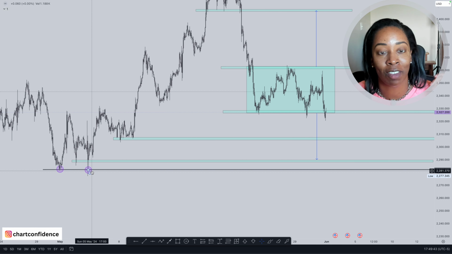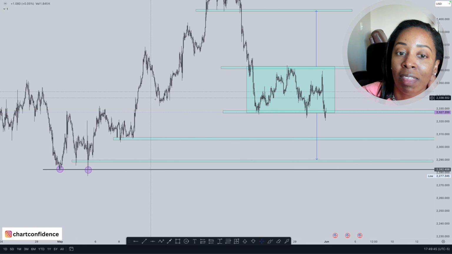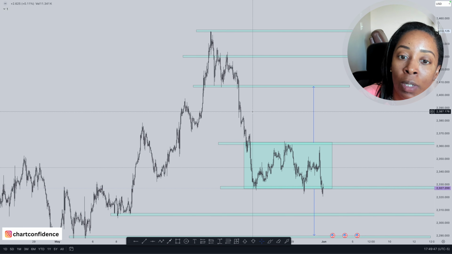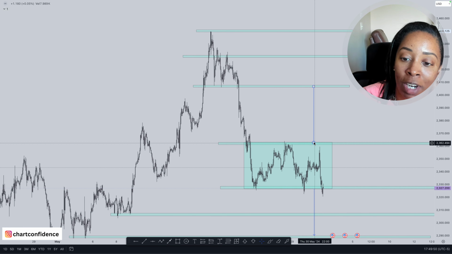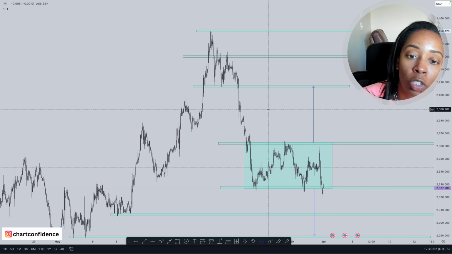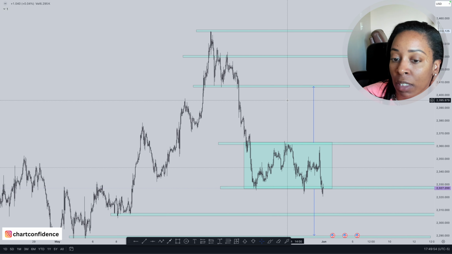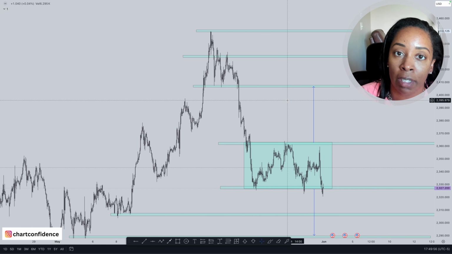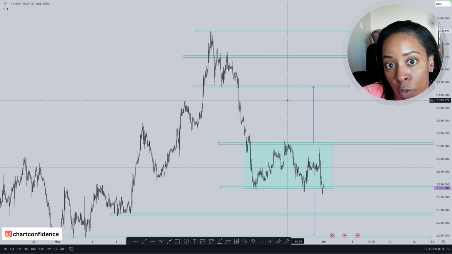It didn't stay around at all. So that's something to consider. And if price breaks above here, this is essentially clean range for price to come up. So this is my game plan for this upcoming week when it comes to gold.